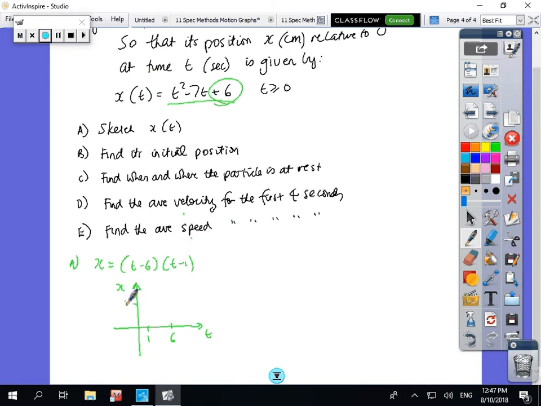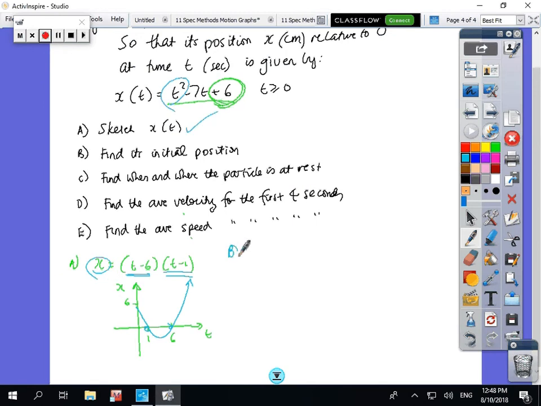It starts at 6, that's the initial position. It's a parabola because it's squared, and it's going to come down and go back up. At t equals 1 and t equals 6, x will be equal to 0. So that's the first one.